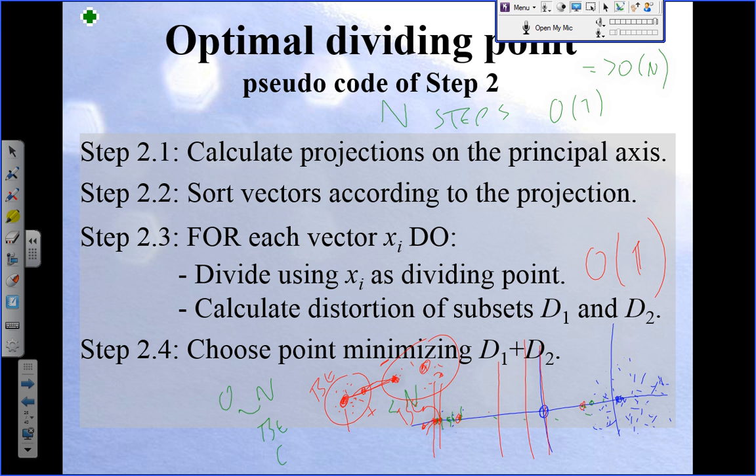So, surprising. And okay, now I have all possible n dividing points, and then I just choose the one that minimizes the sum of the distortion, the squared error of the left cluster and the right cluster. So that's it.